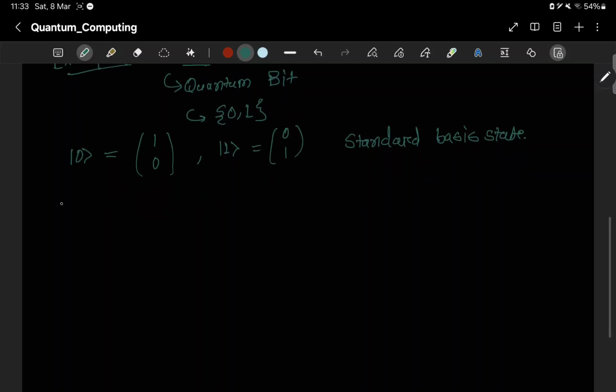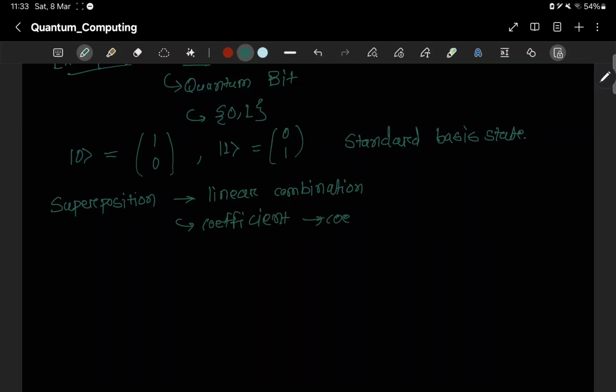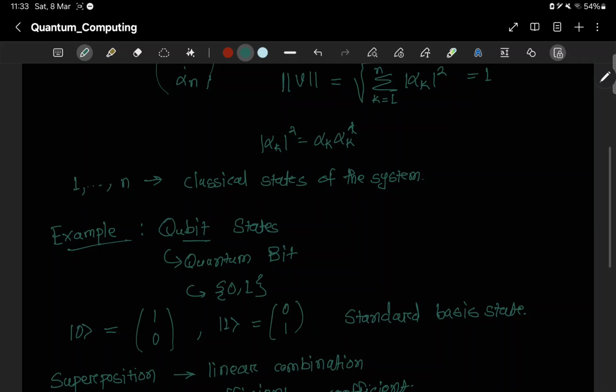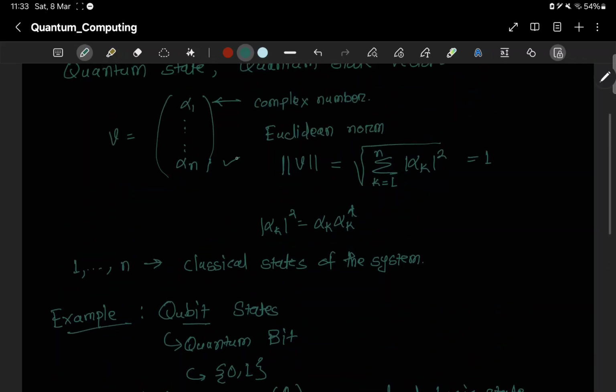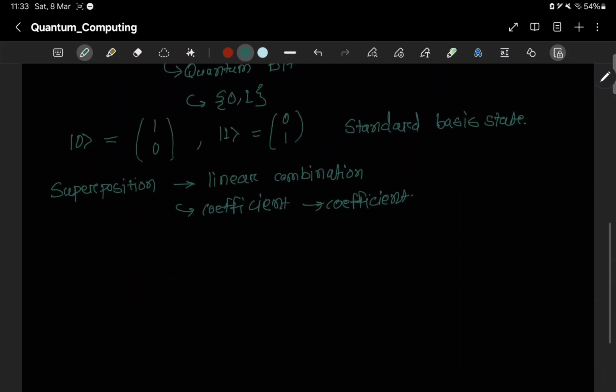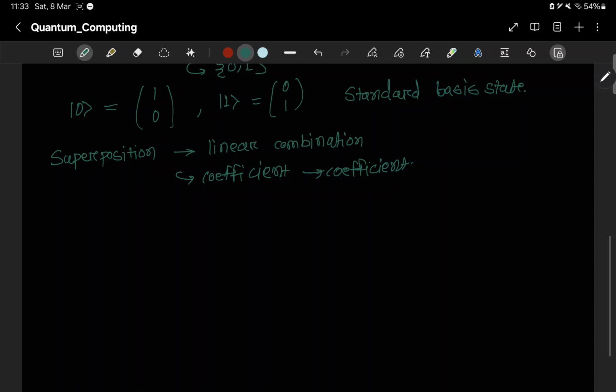And we can represent the superposition state, or quantum state, by a linear combination of the standard basis states, and the coefficients here will be complex coefficients, and those coefficients will go into these column vectors, right? Okay, so let's define our quantum state.